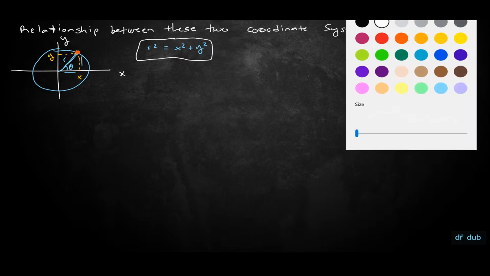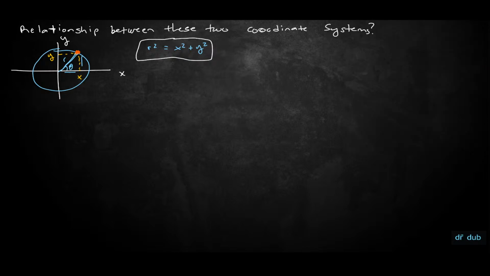Another relationship that we can see is that x over r would equal cosine of theta. I'm so sorry, this should have been x over r. So x is equal to r cosine theta.